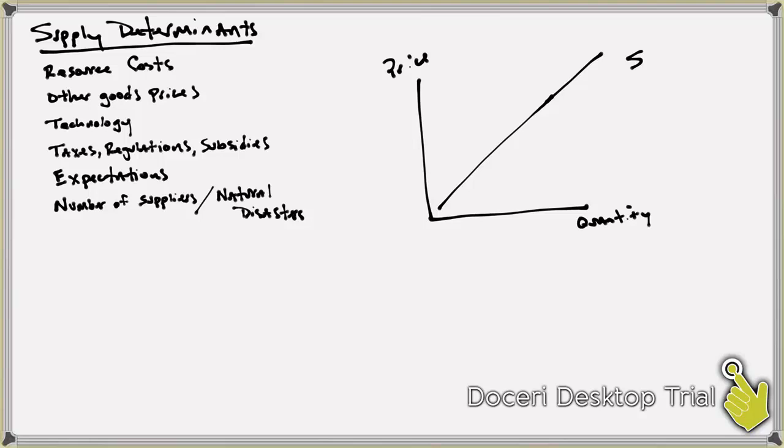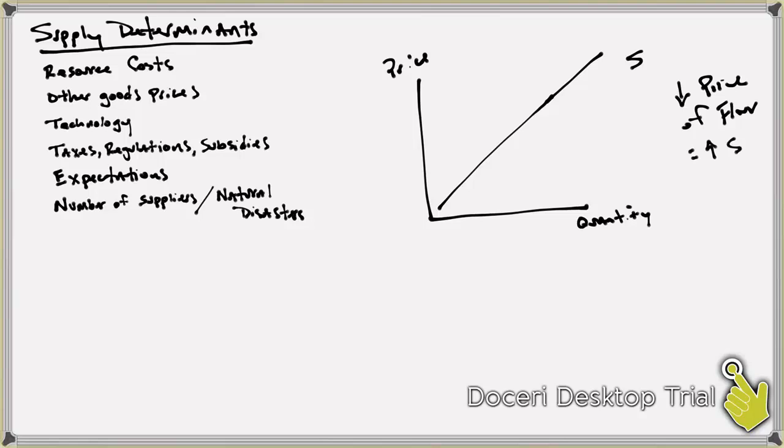So let's say that we're supplying donuts, okay? And let's say there is a decrease in the price of flour. Well, we should know that flour is a resource used to make donuts. So when the price of flour decreases, that's going to create an increase in supply.